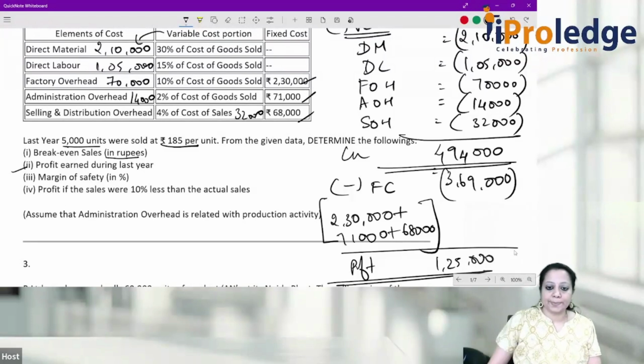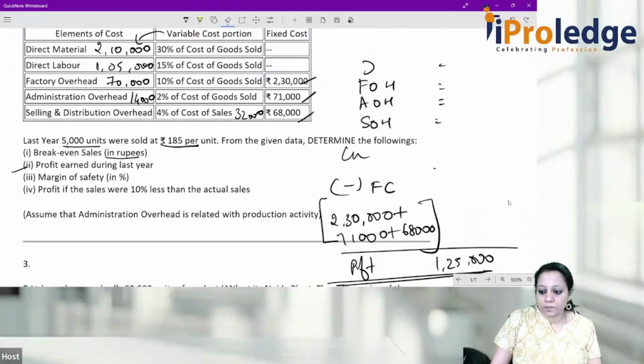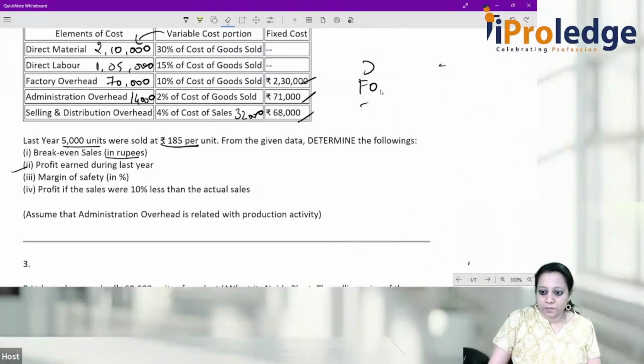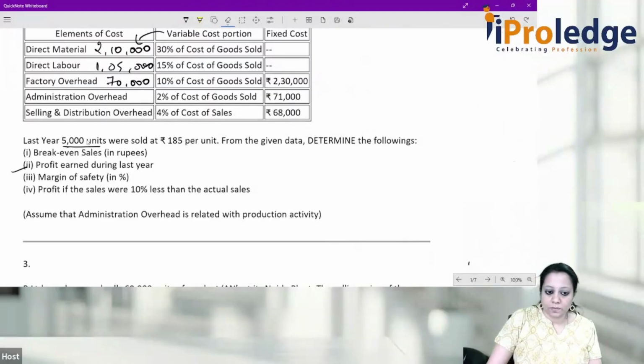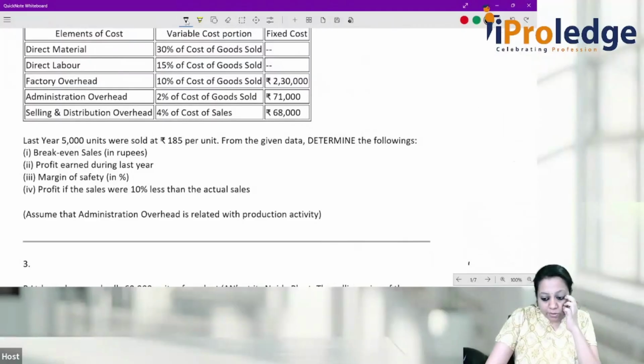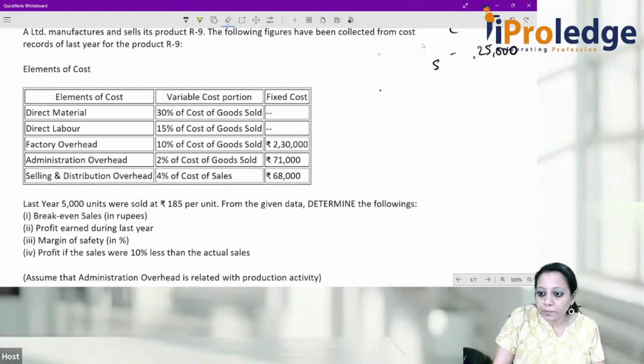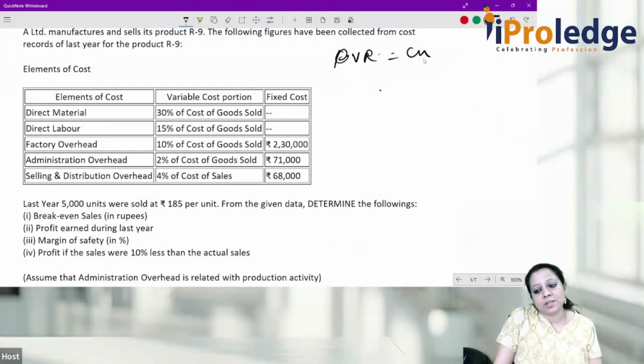Shall we proceed? I've erased all the amounts so that we can read the question clearly. If I want any values, I want you people to help me out with. So now it's going to be PVR, that is contribution divided by sales into 100.